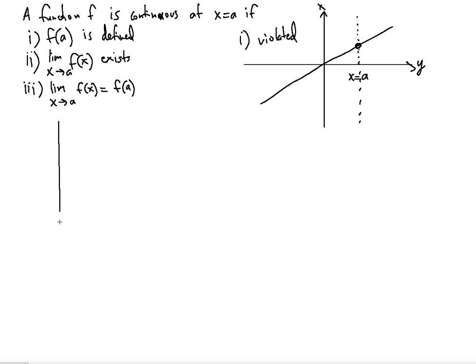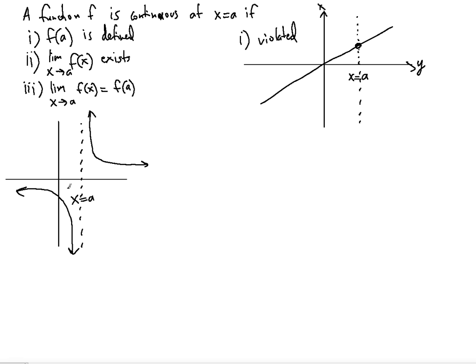So if I give you something like this, okay, and I'm gonna draw an asymptote this time here, and this asymptote will be the line x is equal to a. So I'm gonna draw a function like this, broken up into two pieces.